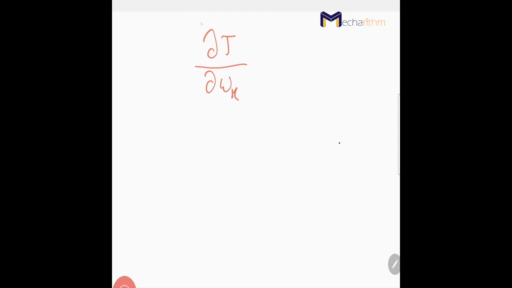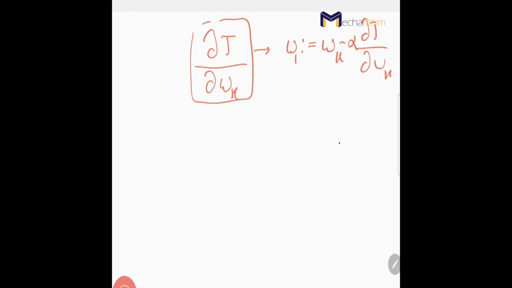And then we're going to use this to update the weight through this equation: w_(k+1) equals w_k minus the partial of J with respect to w, where k plus 1 means the k plus 1 iteration. So in order to do that, we need to compute some derivatives. So how are we going exactly to do that?